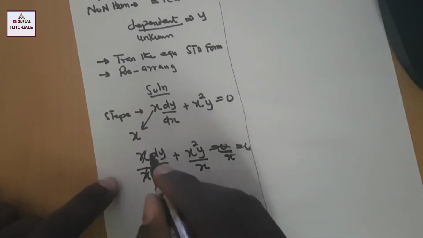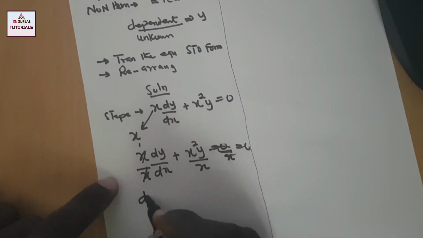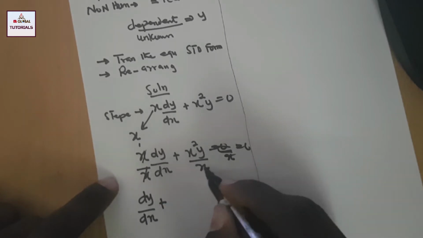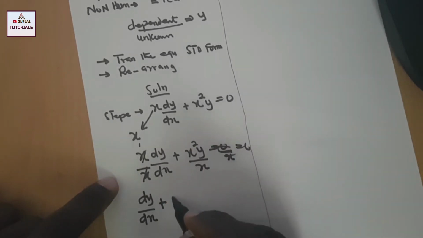I don't want to use the word cancel, but for making it understood, let's say cancel. So it gives us dy over dx plus xy equal to 0.